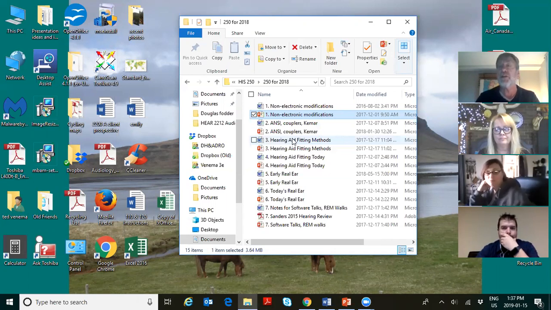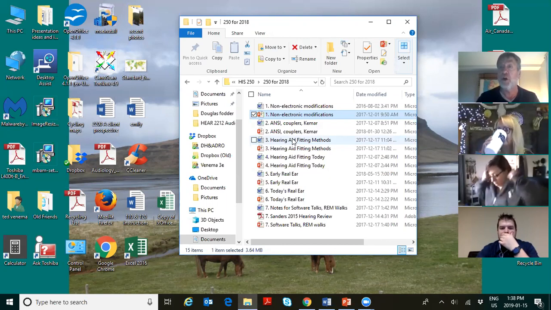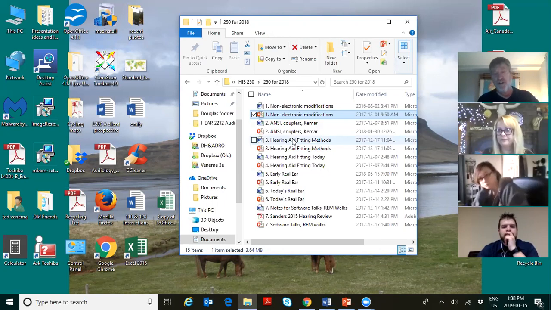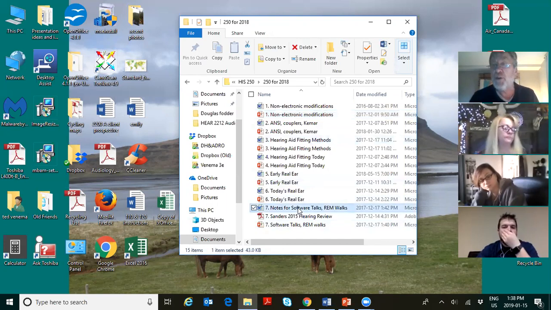And then we'll look at today's real ear, which is mostly called speech mapping, as you'd see on the Verifit system, as you'd see on the AudioScan system, the Otometrics system. Any of these real ear systems use today's real ear, and it's often called speech mapping. And then we'll finish with Unit 7, where we'll really be looking at software talks and real ear measurement walks.